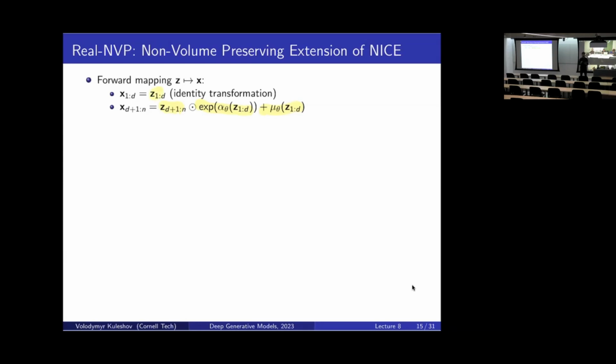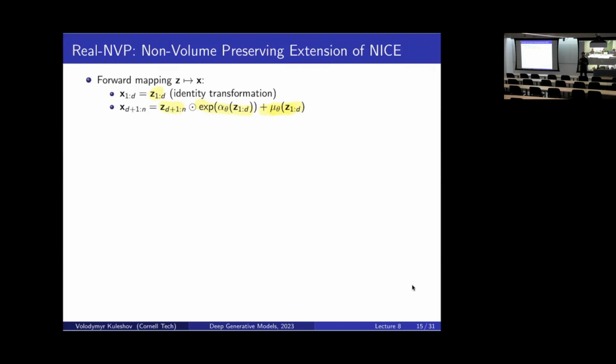So now instead of only having an additive modification, which is the mu, now we also have a rescaling, which itself is learned from the other components. So alpha and mu are both parameterized by neural nets.